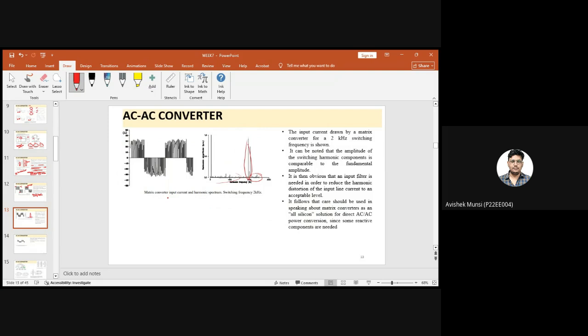It is obvious because generally we use an input filter to reduce the harmonic distortion of the input line current. Okay.